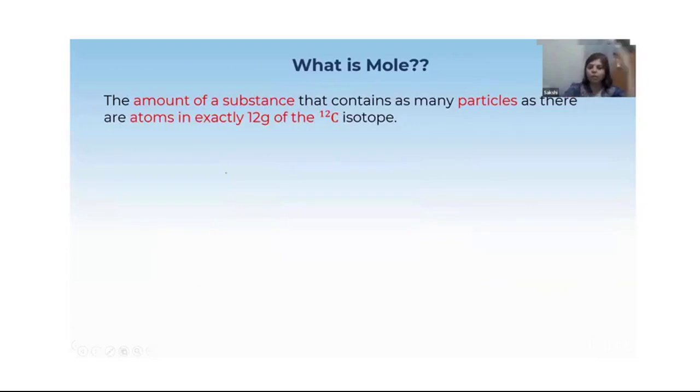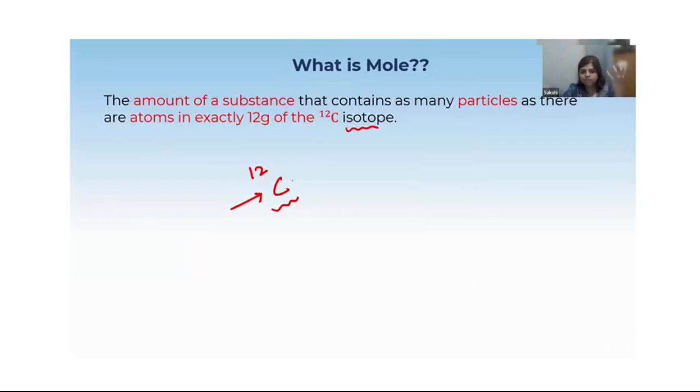So basically we know isotopes, right? Isotopes are elements which have the same atomic number, but the mass is different. The atomic mass can be different, but the atomic number is the same. So we have carbon 12 isotope.